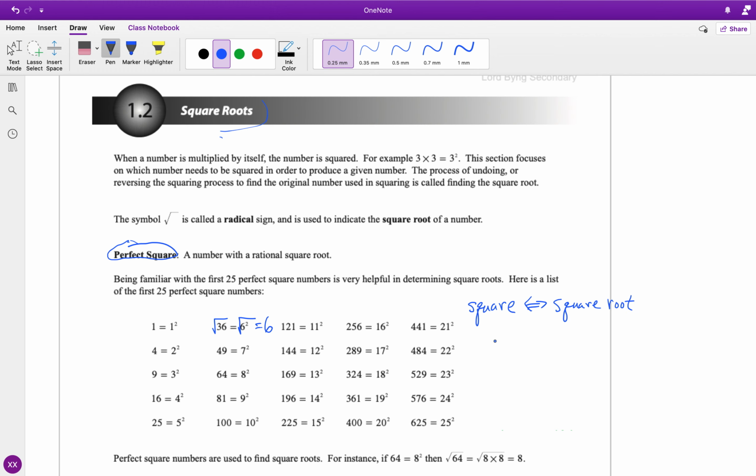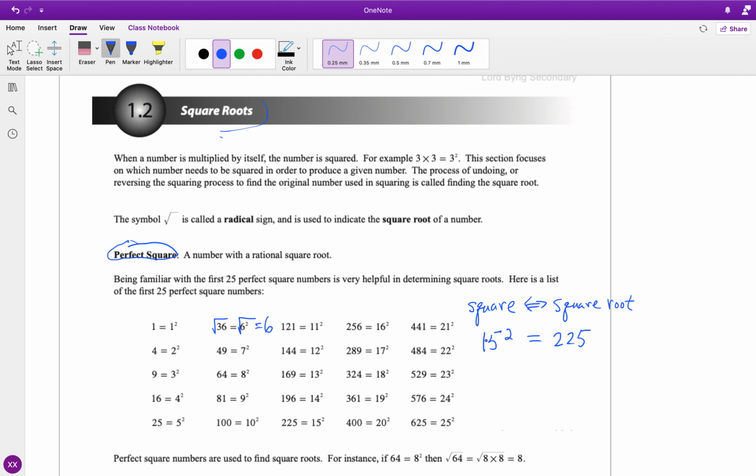For example, if a number, say 15, I square it, then that equals 225. Take a look here. Where's the 15 here? 12, 13, 14, so 15, right?